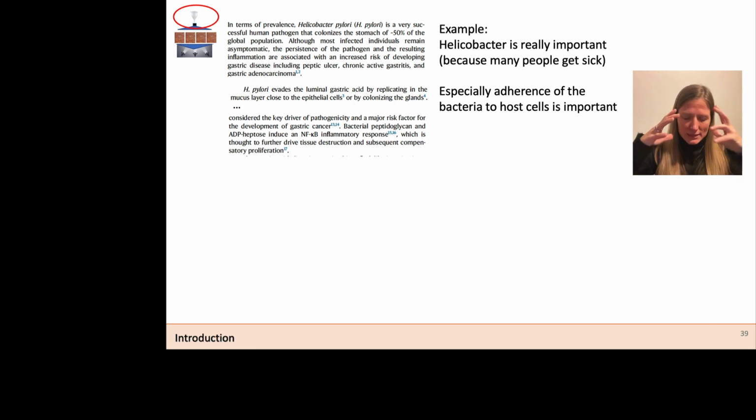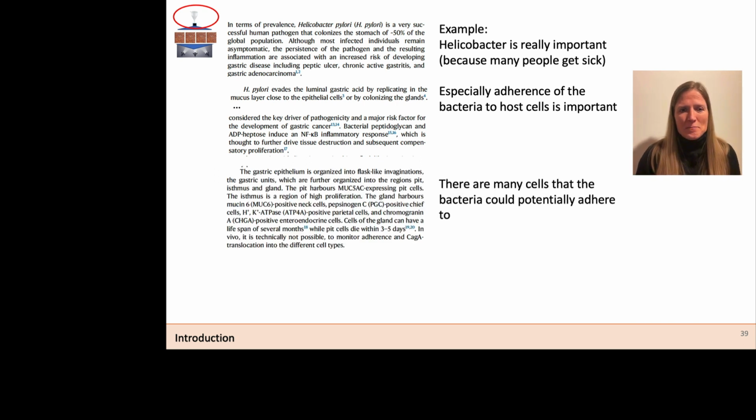Then I use many more lines to describe that the attachment to the epithelium is really important. Now, knowing that the attachment is so important, I need to tell you there are so many different cells that the bacterium could actually attach to. Of course, they're all epithelium, but the epithelium consists of different types of epithelial cells. I have to tell you this.